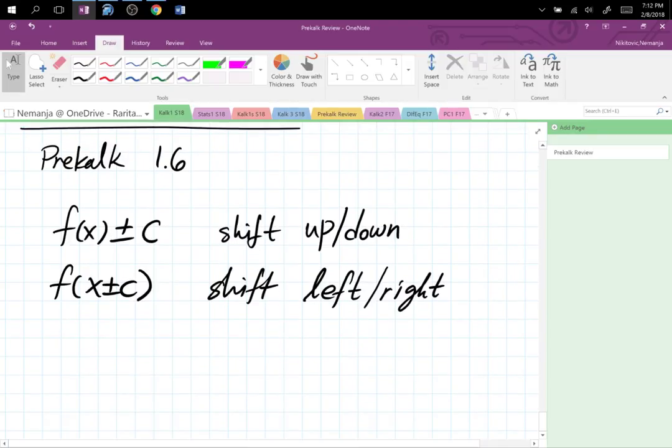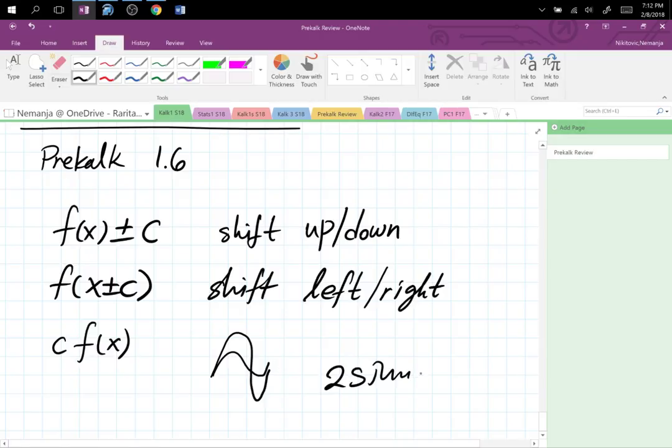You can make a function twice as tall or 3 times as tall by multiplying it times 2 or times 3. Hopefully you remember the amplitude talk in your Precalc 2 trig class, where you say that you can make the wave twice as tall if you say 2 sine x.